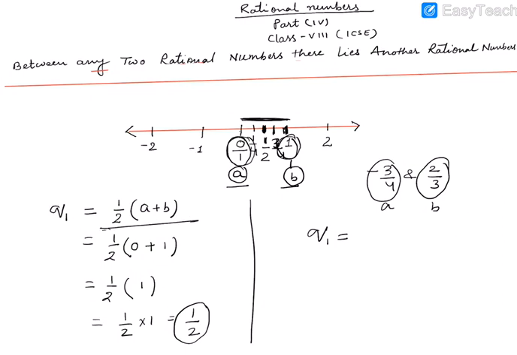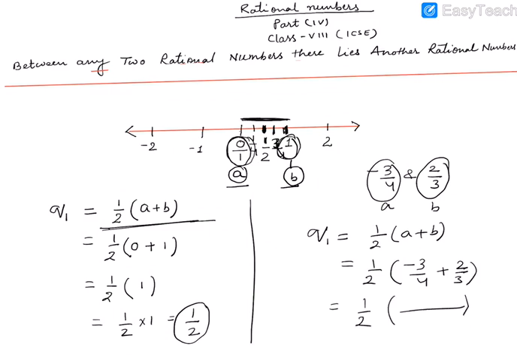Same formula we will use, half into A plus B, half into minus 3 by 4 plus 2 by 3. We have to add these two rational numbers, so we will take the LCM. 4 and 3, LCM will be 12. So 12 divided by 4 is 3, 3 times 3 is 9, so minus 9, plus 12 divided by 3 is 4, 4 times 2 is 8. So we can write that half into minus 9 plus 8, that is minus 1 upon 12.